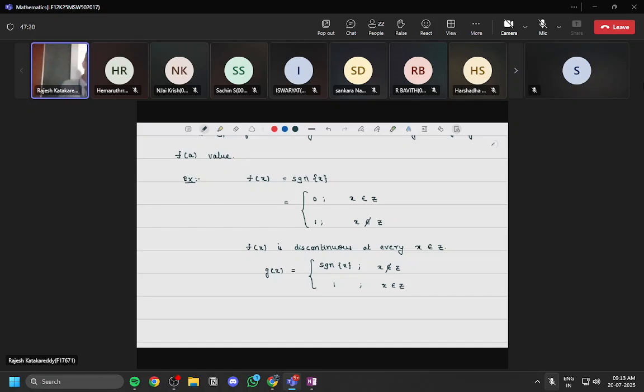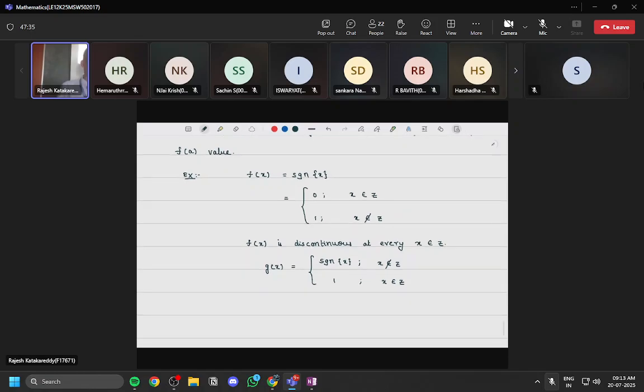In non-removable type, there are three: one is finite, another is infinite, third one is oscillating. Finite means LHL and RHL are finite, but both of them are not equal. Infinite means at least one of them is infinity. Oscillating means we know it is definitely between some finite values, but we won't be able to find that limit. It will oscillate between those two finite values. Clear?